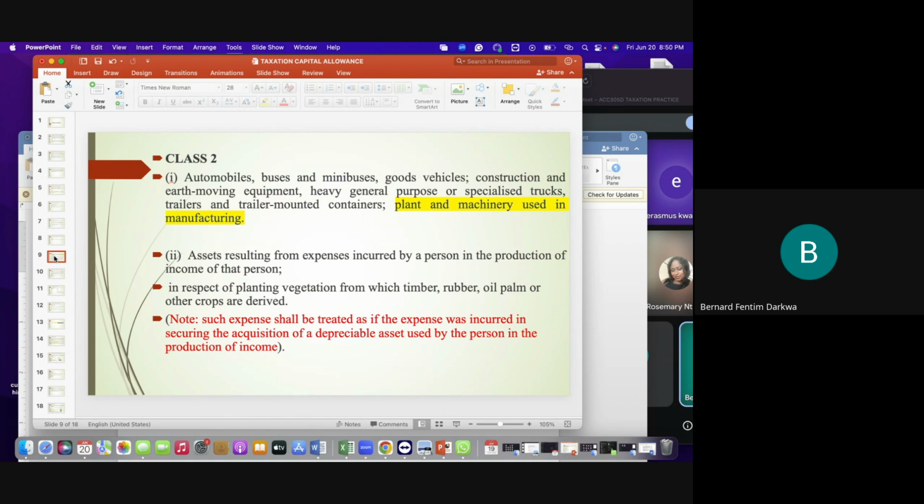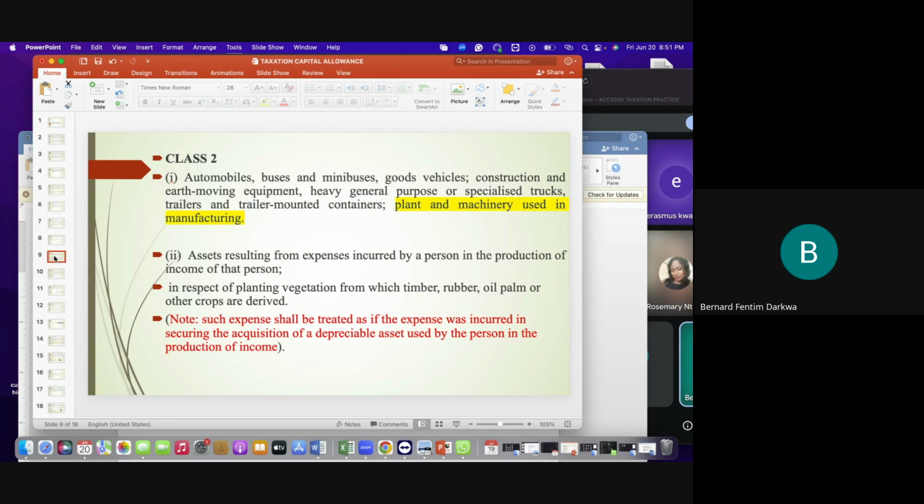So we have assets resulting from expenses incurred by a person in production of income of that person in respect of plantation or planting vegetation from which timber, rubber, oil palm, and other crops are derived.